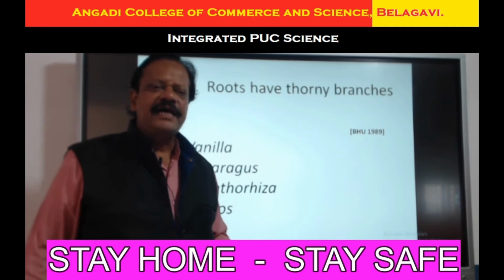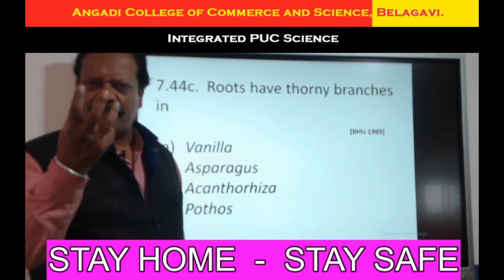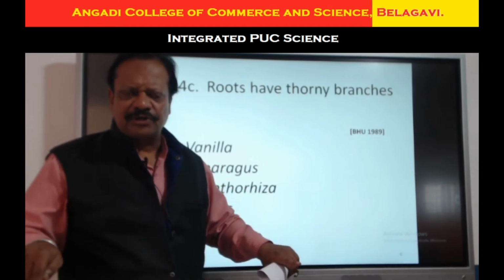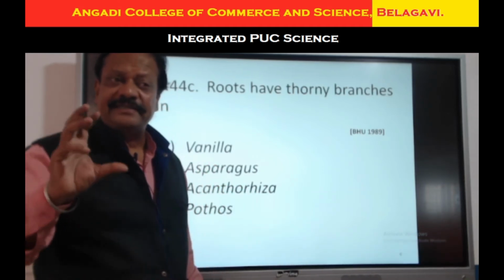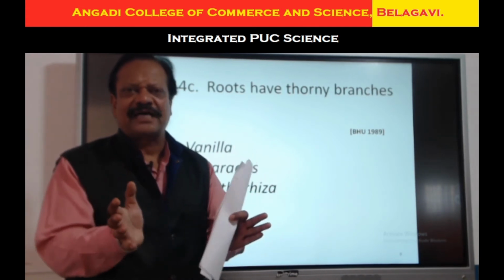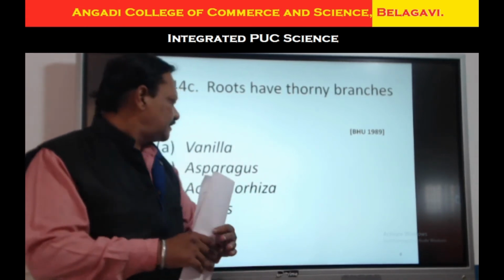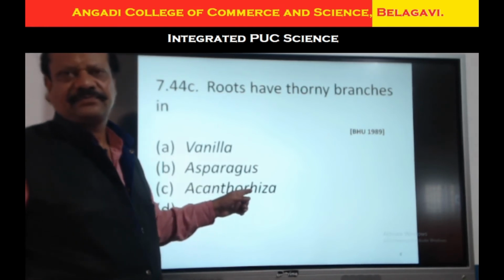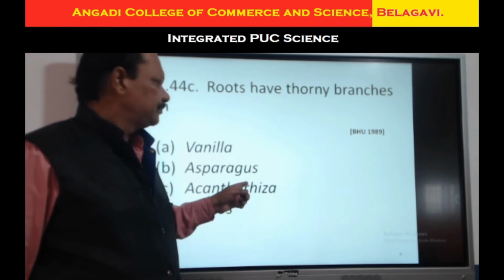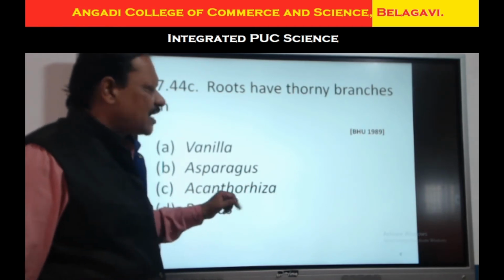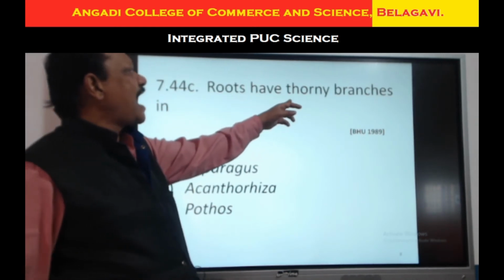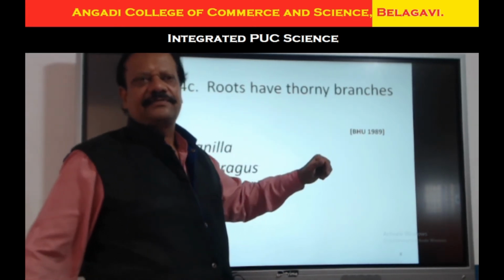Asparagus, here in case of this, from the base of the stem, many number of roots are produced, and those roots are bulging at the tip, and a cluster of bulbous tubers are produced, and that is the asparagus. The storage of food material is seen in the tip of the root. Then acanthoryza, in case of acanthoryza, the roots have thorny branches.